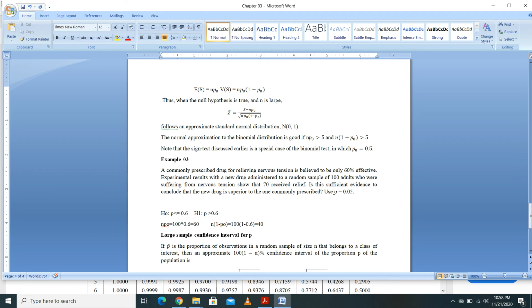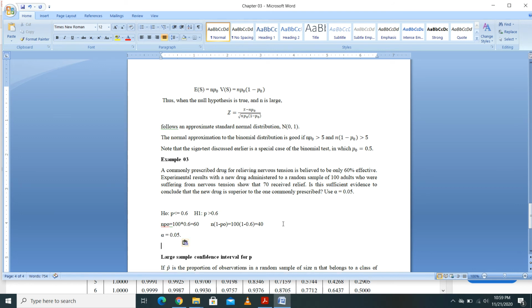They have given the alpha value as 0.05, so the alpha value is equal to 0.05. We are going to calculate the test statistic using the standard normal formula. In this case, S is the number of successes in your sample.